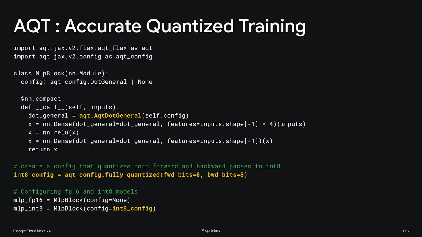So now we're going to set up a config that is setting up for 8-bit integer quantization. If we don't give it anything, we just pass none, this is going to be FP16. So that's going to be our floating point 16 version of this. But if we just pass it this config that we just created, now it's integer 8. And that's all we did. That's quantizing our model.